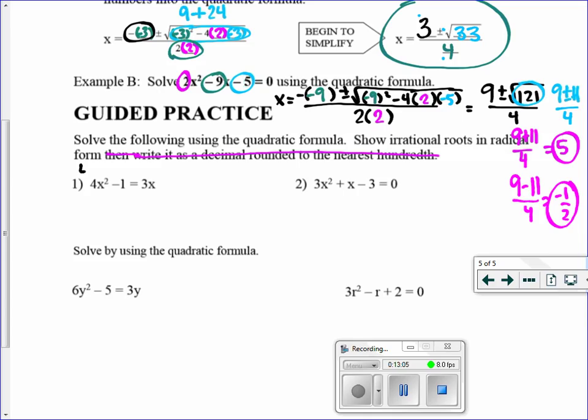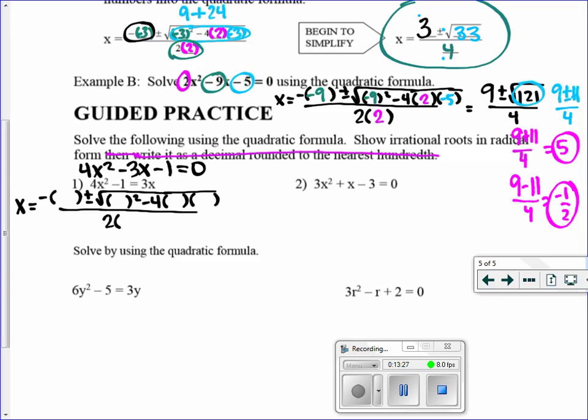So this is really 4x squared minus 3x minus 1 equals 0. So plugging into our formula, x equals -b plus or minus the square root of b squared minus 4ac all over 2a.